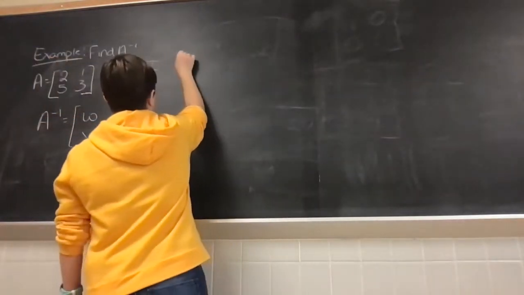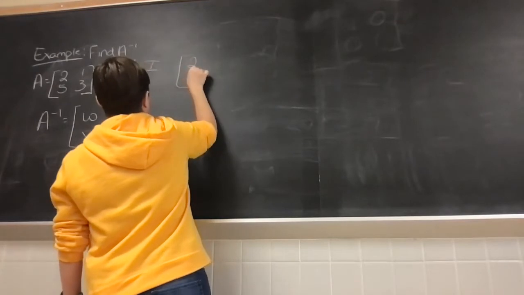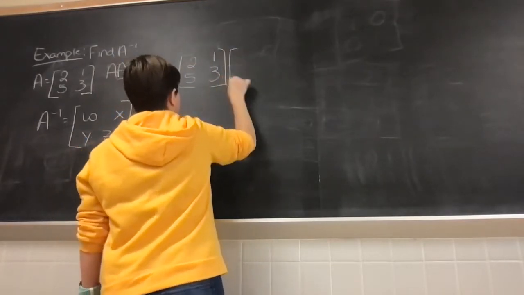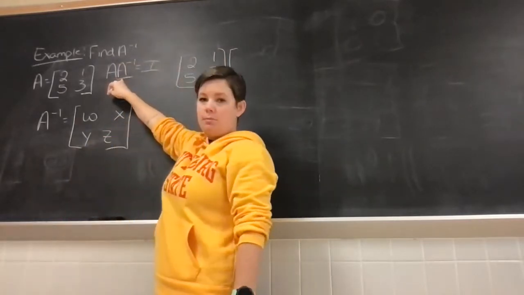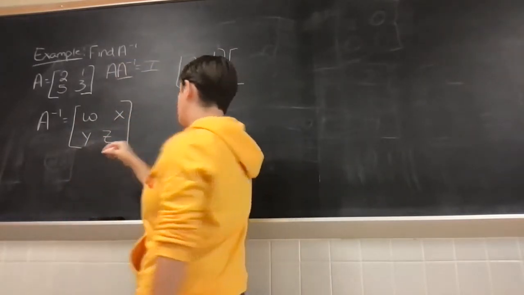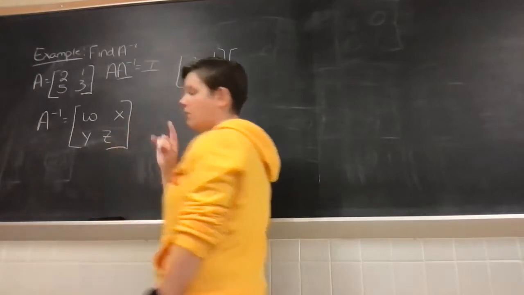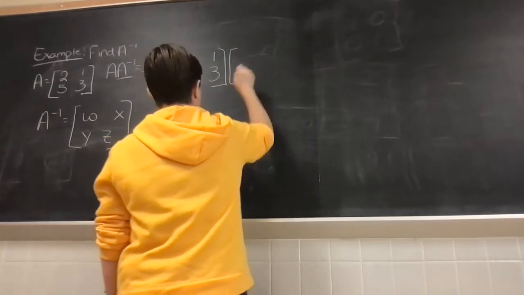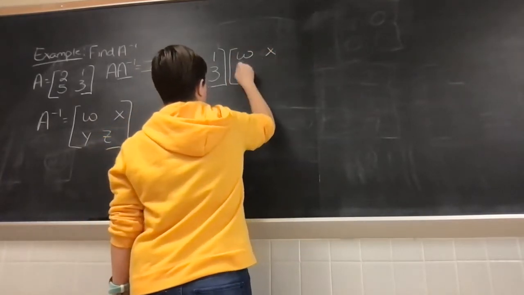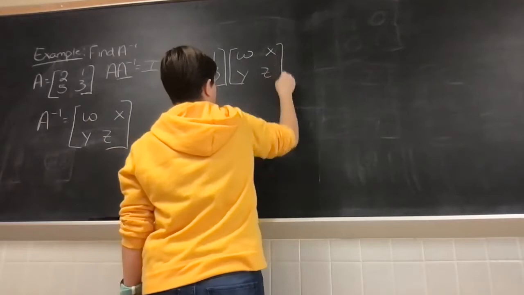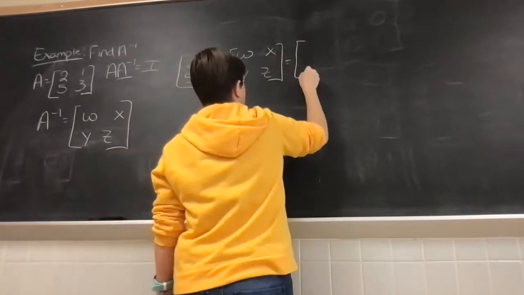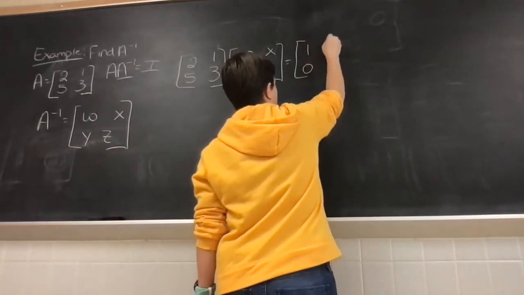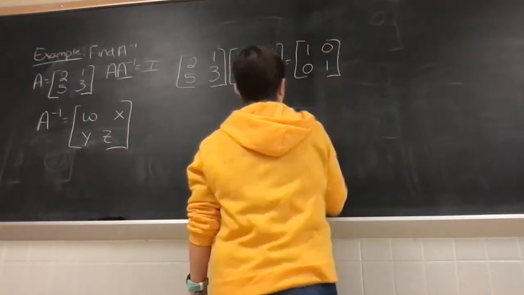So I have A, which is 2, 5, 1, 3, times my multiplicative inverse, which is my variable matrix, W, X, Y, Z. And I know that that's going to equal my identity matrix, which is 1, 0, 0, 1.